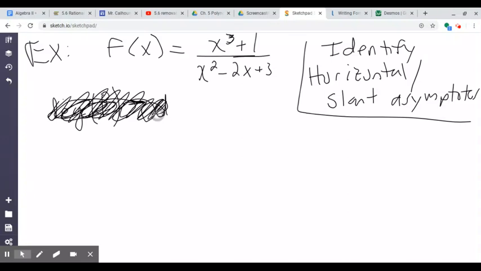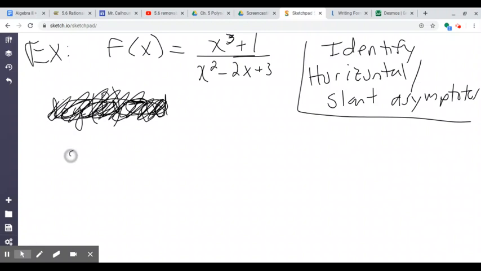Hey guys, let's suppose that you have a function f of x is equal to x cubed plus 1 over that quadratic. And let's suppose that you're being asked to identify any horizontal and slant asymptotes if they exist. What you have to do is just look at the degrees of the numerator and the denominator.